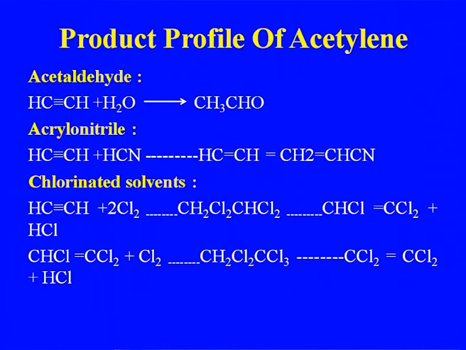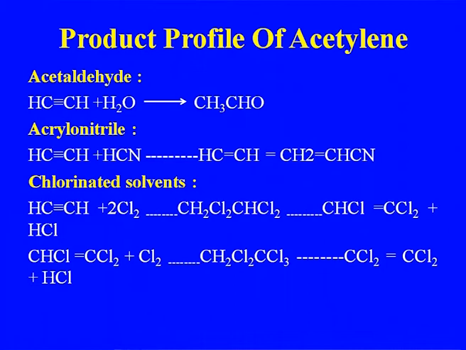These are some of the products which we are getting from acetylene, and this was the reason why the importance of acetylene was there during the initial stage of the development of the chemical industry, when there was no petrochemical. So, acetaldehyde, acrylonitrile, and acrylic fiber, which was made through the acrylonitrile route from acetylene.